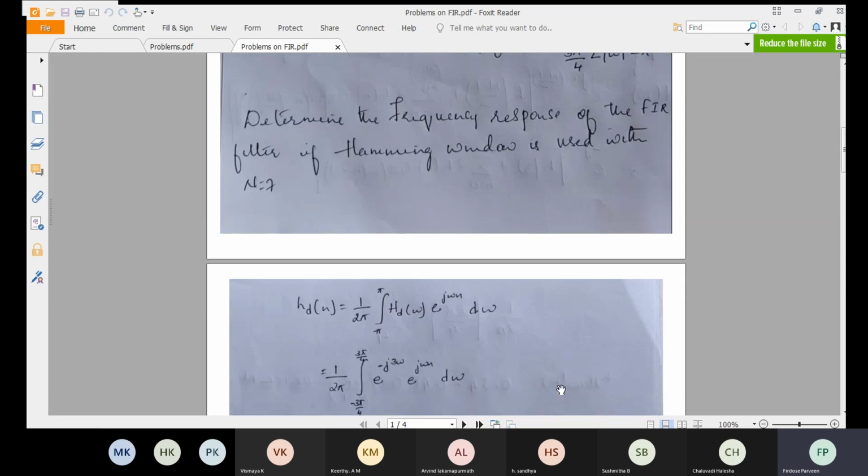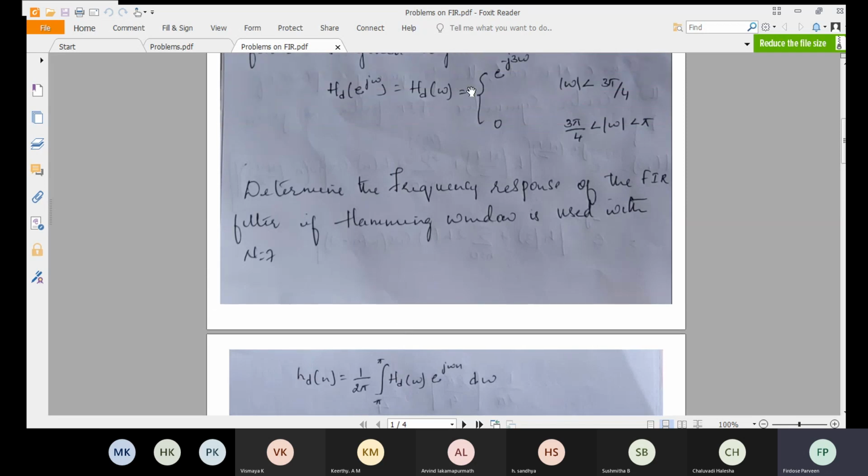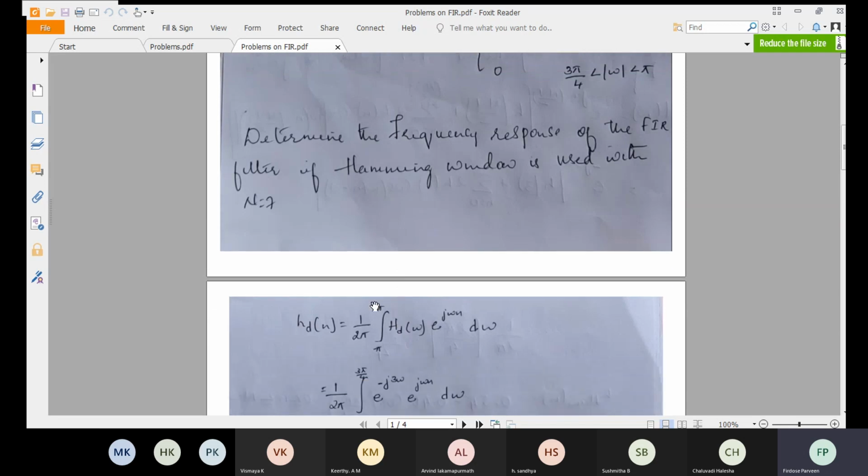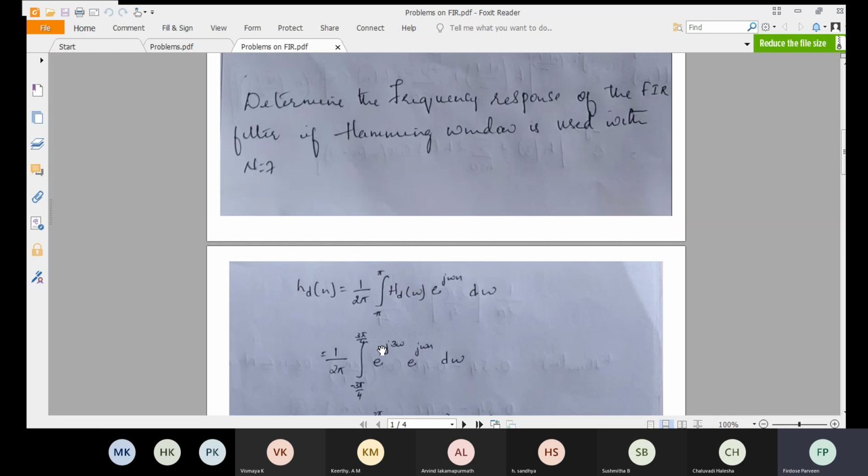So it is 1 by 2 pi, minus 3 pi by 4 till 3 pi by 4. So what is HD of omega? They have given us e to the power of minus j 3 omega. So substitute that: e to the power of minus j 3 omega into e to the power of j omega n into d omega.